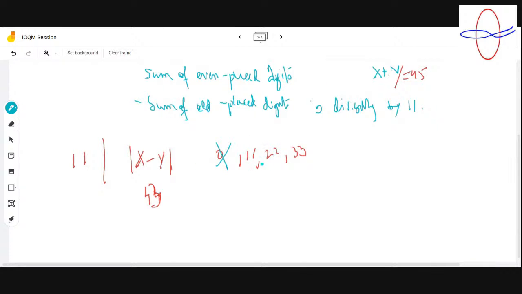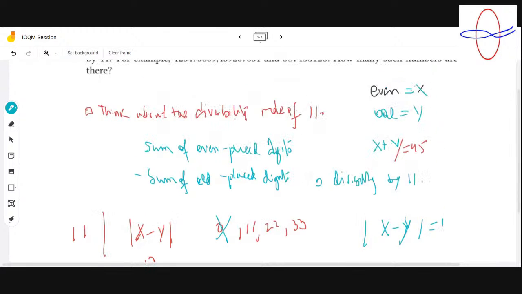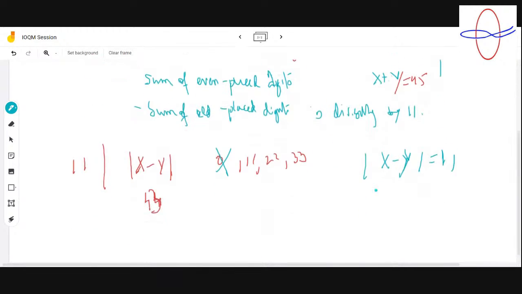Okay, perfect. So can the modulus of x minus y be equal to 11? If so, and given that x plus y is equal to 45, 11 divides what? 11 divides the modulus of x minus y.